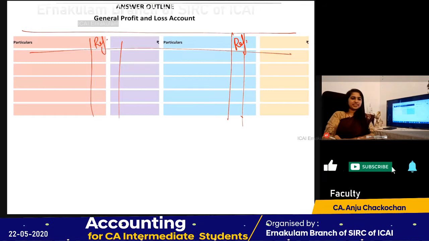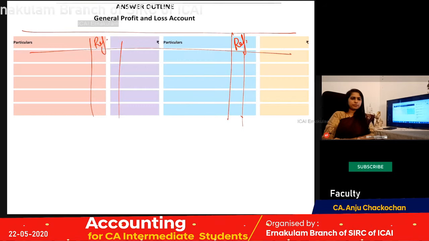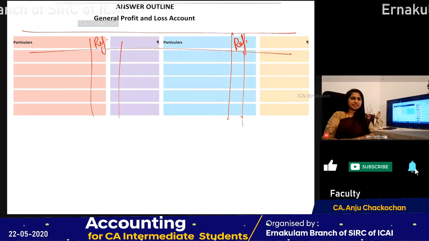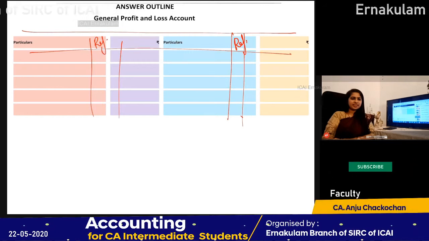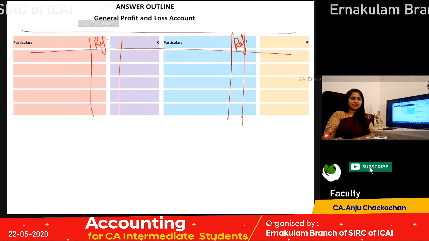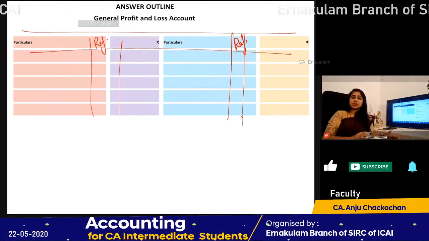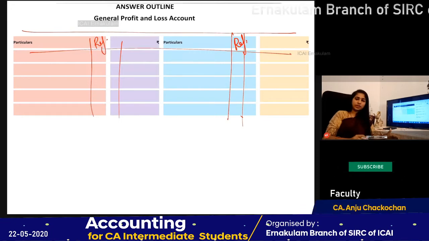Everyone, I want a response from everyone. All right, fine. So this is the major outline of the general profit and loss account.